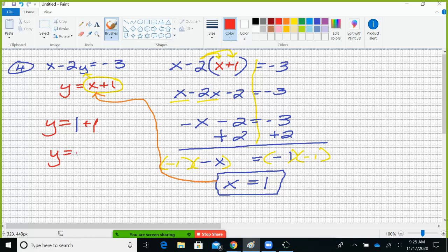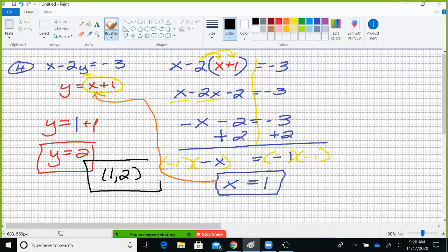So y equals 2. So our answer is 1 comma 2. That is where these two lines cross. Two lines cross at 1 comma 2.